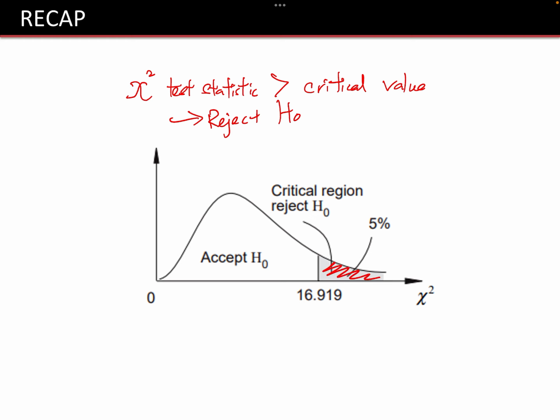And of course, if the chi-square test statistic is smaller than the critical value, in this case we don't really say accept the null hypothesis, we always say fail to reject the null hypothesis, because of insufficient evidence for that.